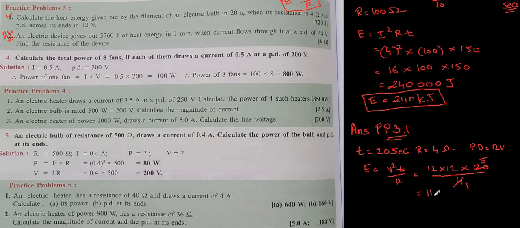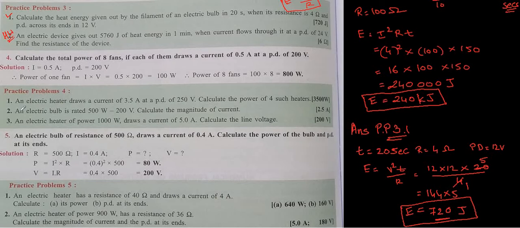So here it is 144 multiplied by 5. 5 fours are 20, 0 and 2 carry, 5 fours are 20 plus 2, 22, 2 carry, 5 ones are 5 plus 2, 7. So it comes to 720 joules. This is the energy dissipated. So this is my answer. Let us make a box here. Understood? So this is practice problem 3.1.